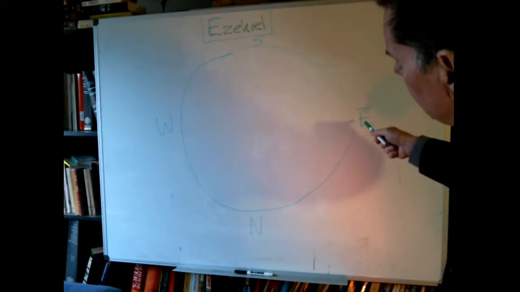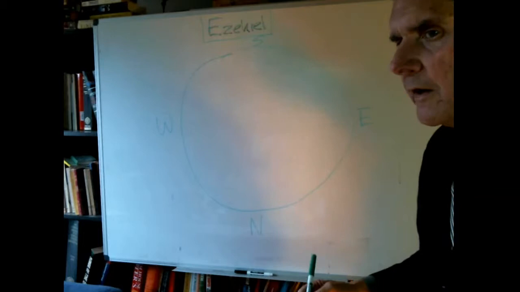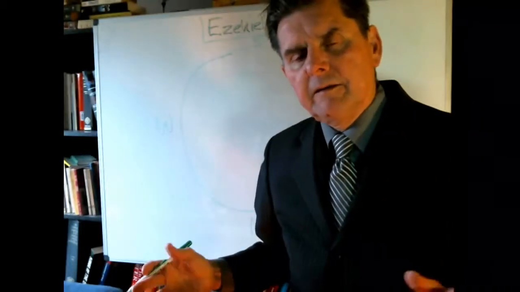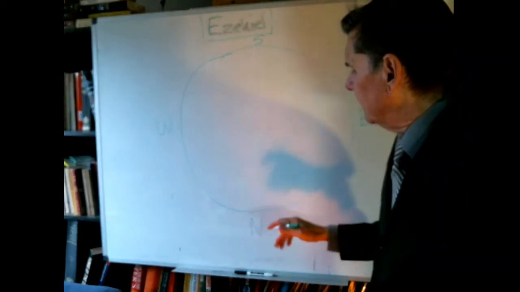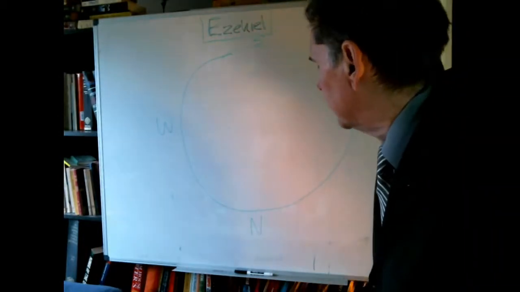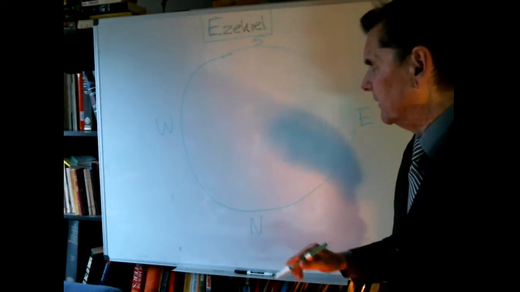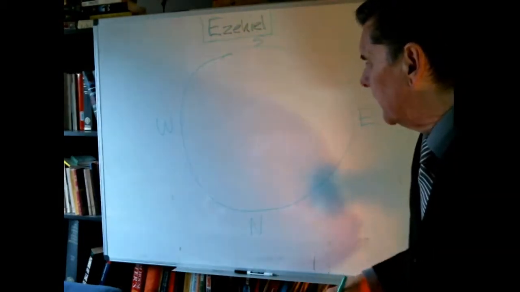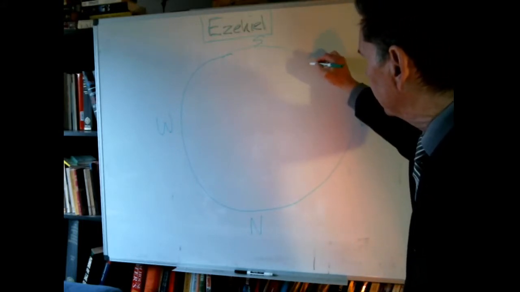If you're looking east, the north is to your left and the south is to your right. So these cardinal directions are flipped a little in one way or the other to make a map of the sky. Now, Sirius would be rising over here.